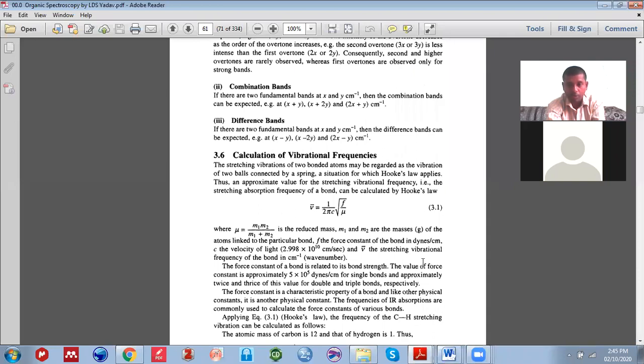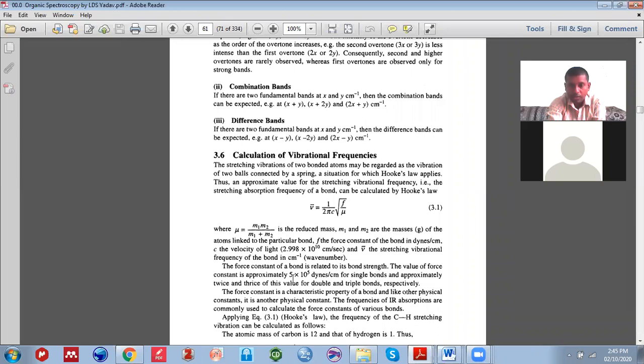Basically the force constant of a bond is related to bond strength. The value of force constant is approximately 5 into 10 to the power 5 dyne per centimeter for a single bond. In the case of a double bond, it is twice the single bond value, and in the case of a triple bond, three times this value.